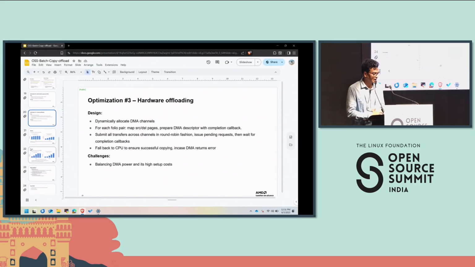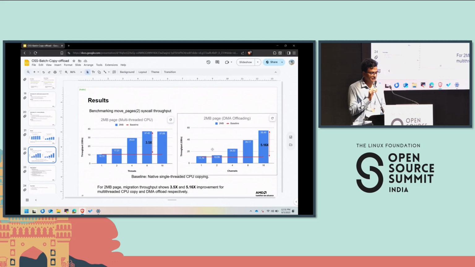As you can see in my data, I'm getting a 5 times throughput increase with 16 channels. So it's not scaling properly. We need to put some effort there to improve the scaling, and it will further increase the performance.